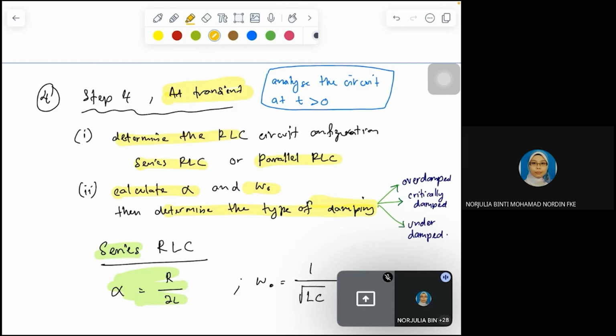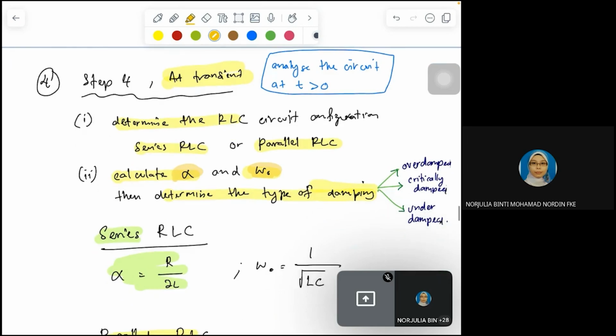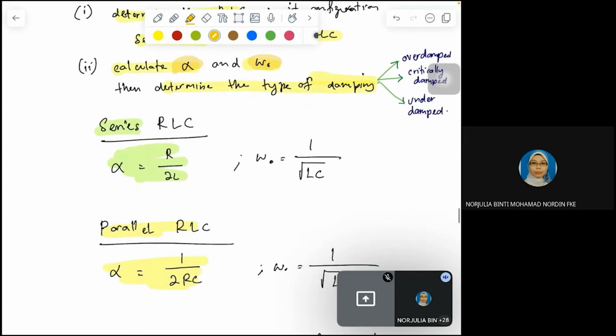And at this particular step, what you need to do is determine the circuit of RLC, whether it's series or parallel. After determining whether the circuit is series RLC or parallel RLC, you need to calculate the value of alpha and omega naught, by using this equation.